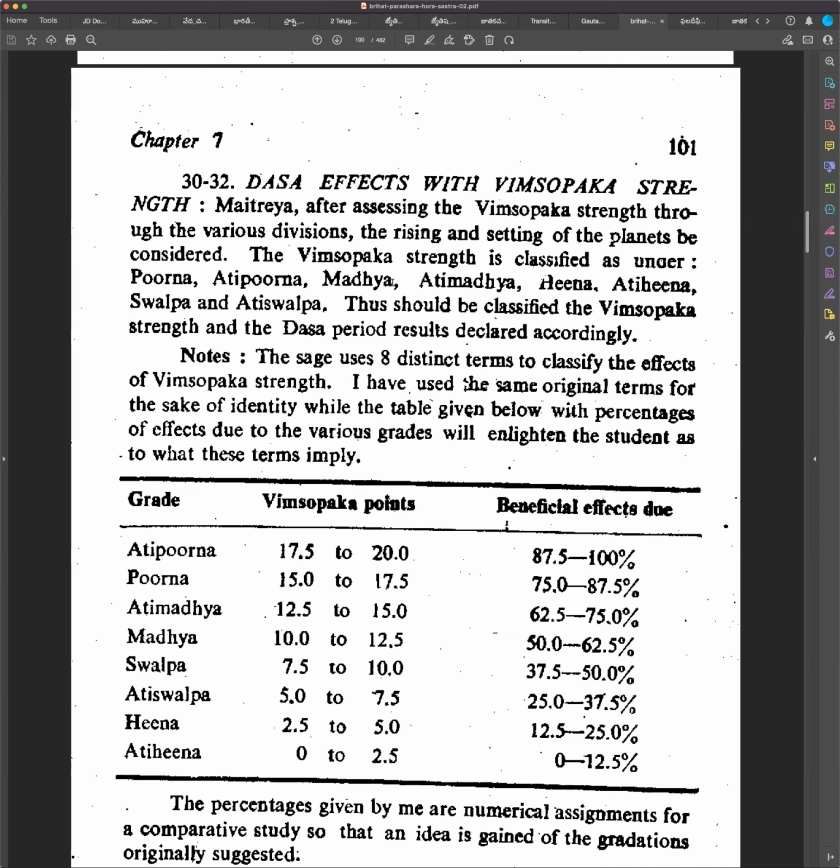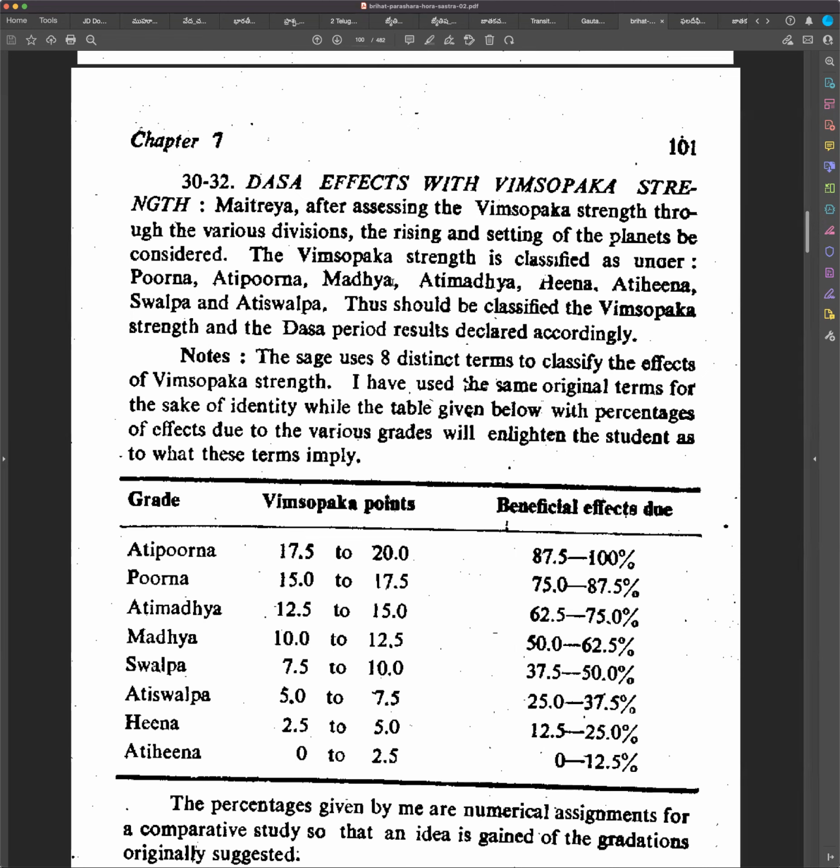The sage uses 8 distinct terms to classify the effects of the Vimshopaka strength. I have used the same original terms for the sake of identity, while the table given below with percentages of effects due to the various grades will enlighten the student as to what these terms imply.